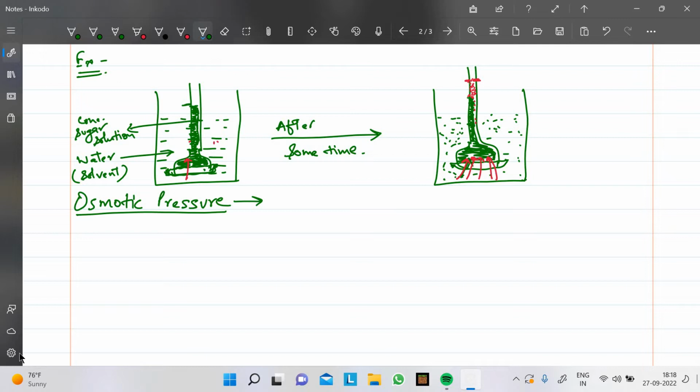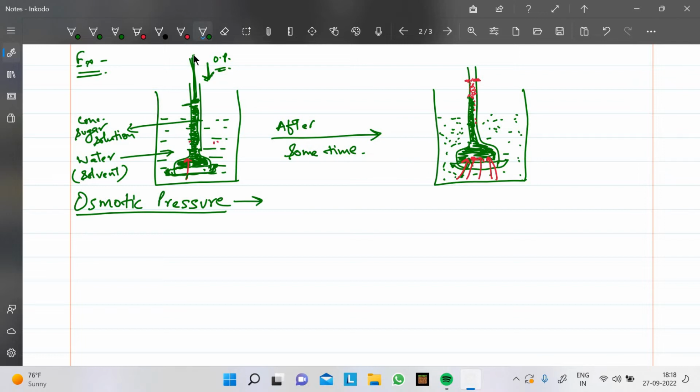Before water starts moving inside, we put a piston here and apply a pressure in this direction so that the entry of water molecules is stopped. We have to apply so much pressure that not even one water molecule enters here. This pressure that we are applying here is called osmotic pressure.